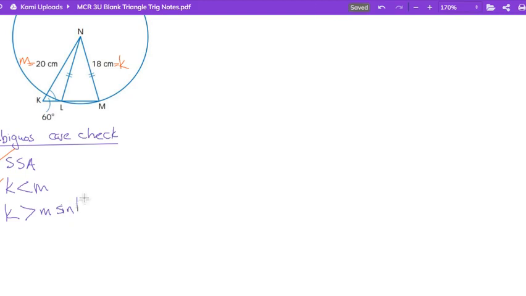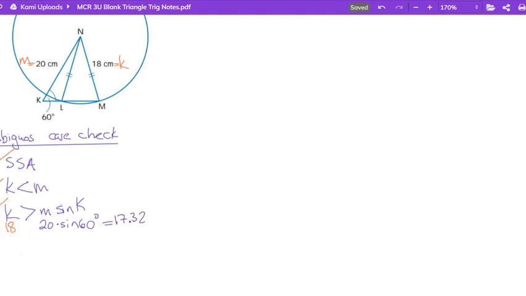It's really the only one we have. So we have 20 times sine of 60. What does that give me, Luke? Perfect. So that means yes, K, which is 18, is greater than 17.32.